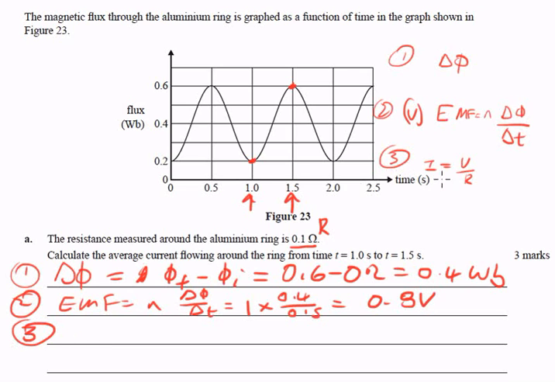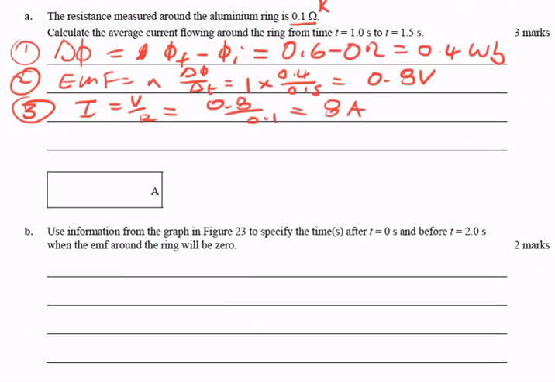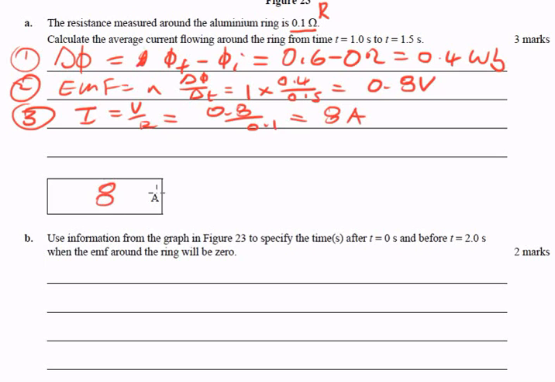And finally we can calculate the current. I is V over R, which is 0.8 over 0.1 equals 8 amps. Which does seem a bit ridiculously high, but it is the right answer.